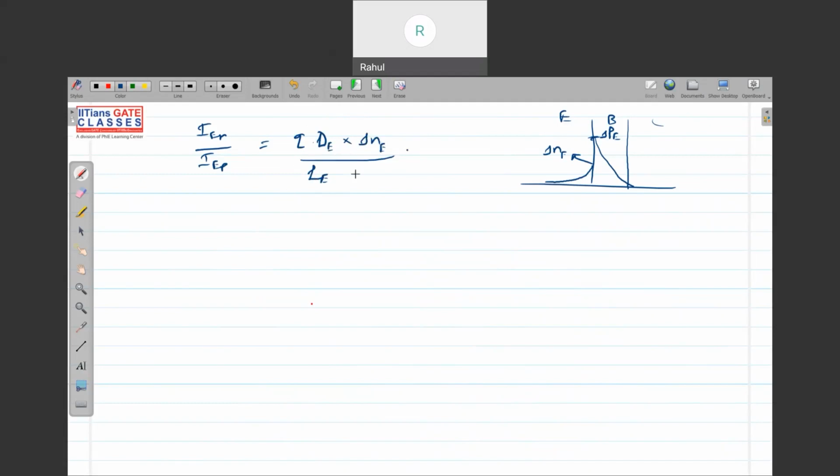What is IEP? IEP is Q into the diffusion constant in the base region, DB, into del P by base width WB. Okay.